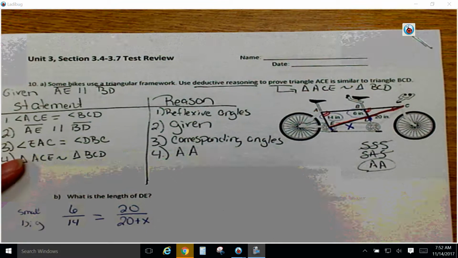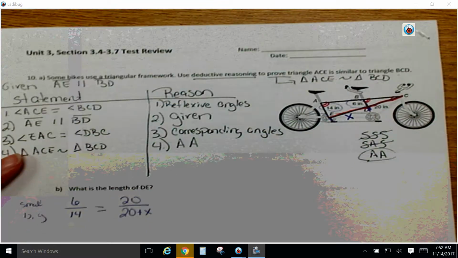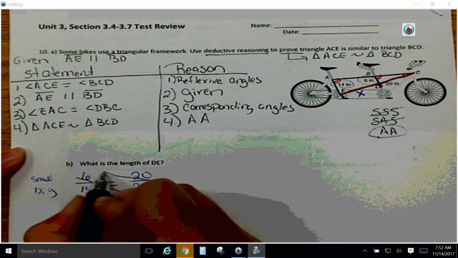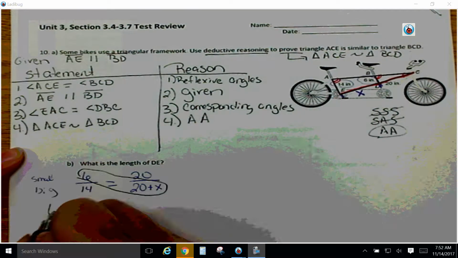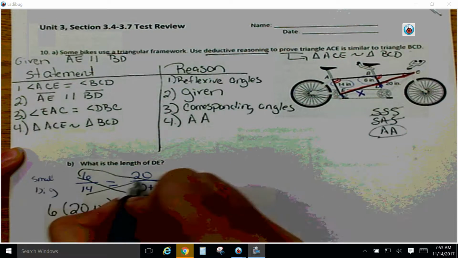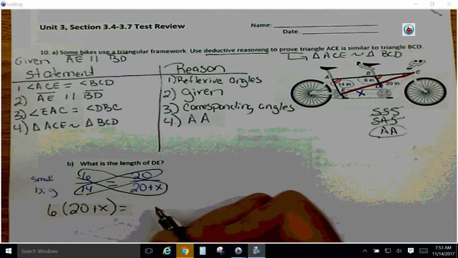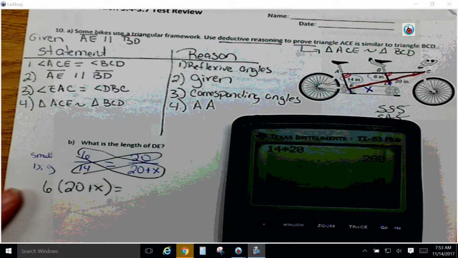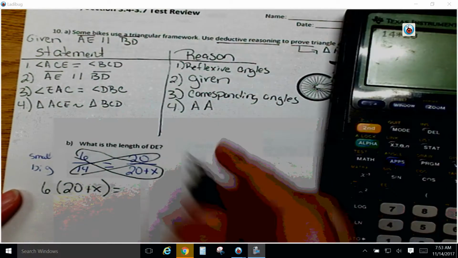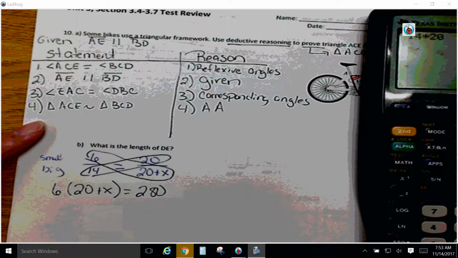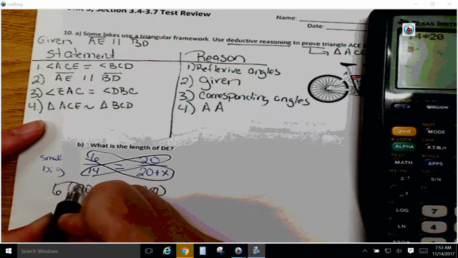So then I'm going to use some cross multiplication here to solve this. I'm going to do 6 times 20 plus X. And then I'm going to do 14 times 20. And it's okay if you don't want to do that in your head. Go ahead and grab a calculator. 280. Okay. So then I can see here, in order to solve for X, I would have to distribute the 6.